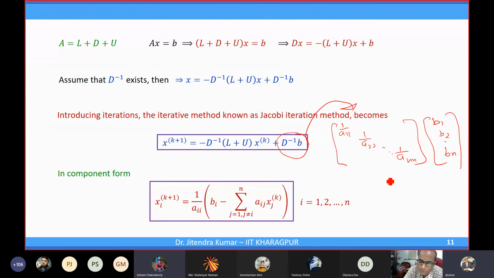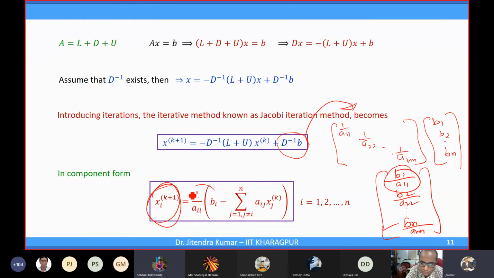So when you multiply, B1 divided by A11, the second term will be B2 divided by A22, and so on, up to Bn divided by Ann. Clear? Here I have taken the ith term, therefore Bi over Aii. Similarly, you can make out the rest.